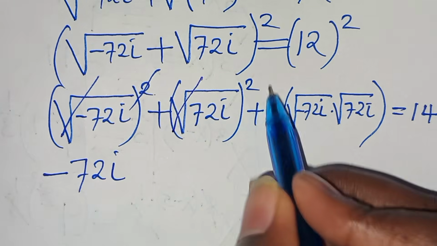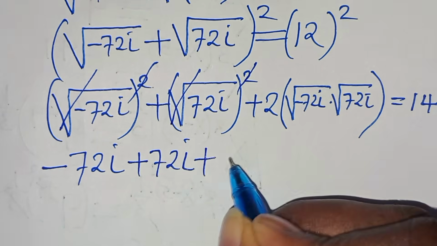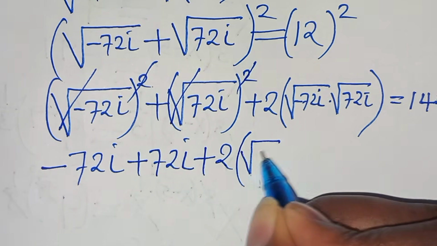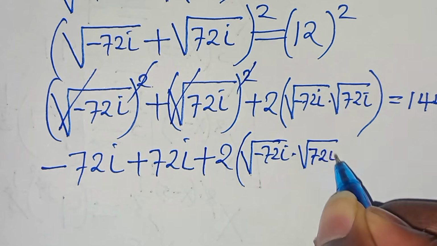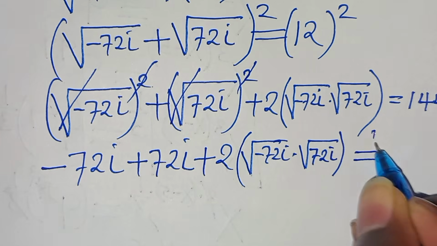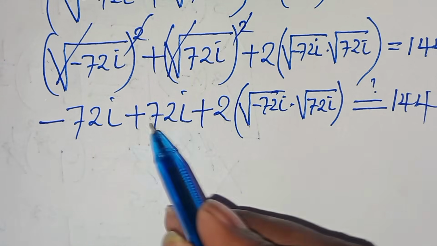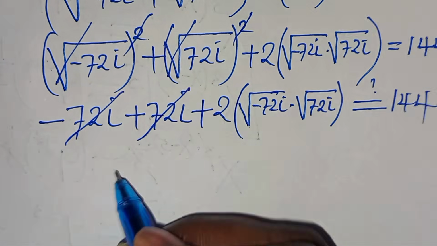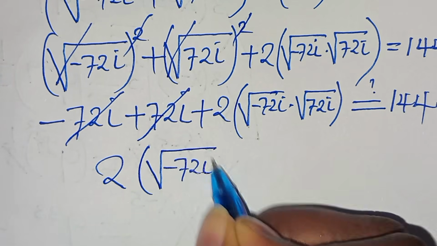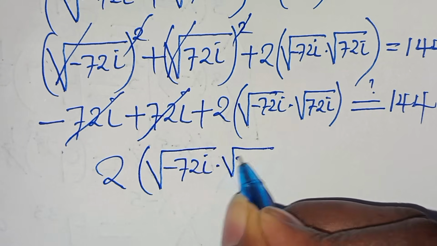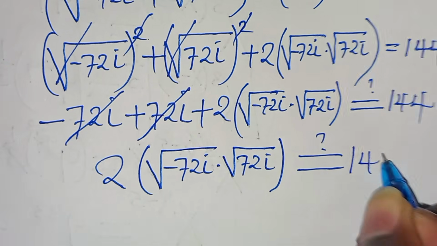Then again, we eliminate the square root sign here, so plus 72i, then plus 2 multiplied by the square root of minus 72i multiplied by the square root of 72i. This should give us a value of 144. Now, minus 72i plus 72i simplifies, so that we have 2 times the square root of minus 72i times the square root of 72i. This should give us a value of 144.